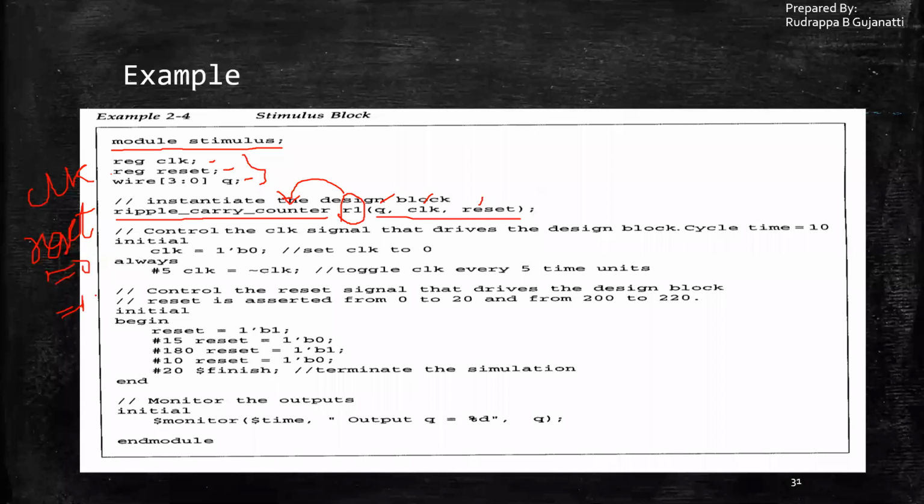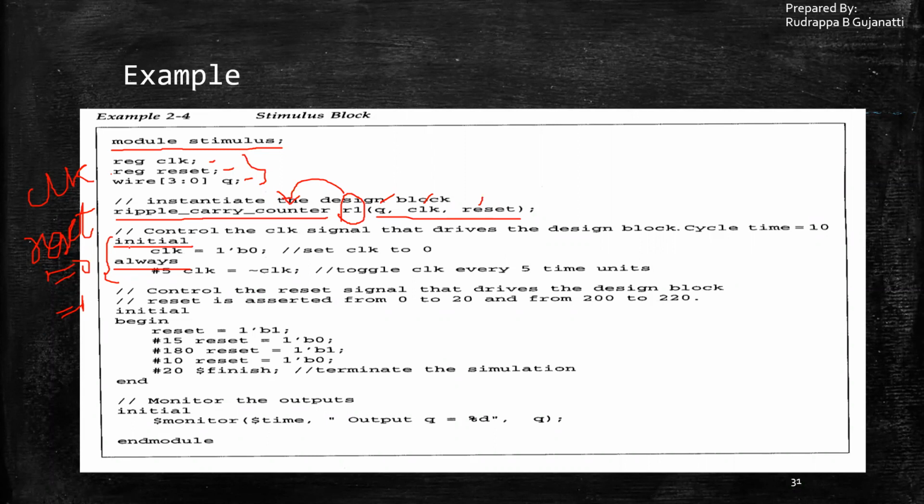Based on some logic, you can implement this. Here, if I observe, we have something called initial and always. Don't worry about this. This is a kind of behavioral implementation, so we'll not bother much.